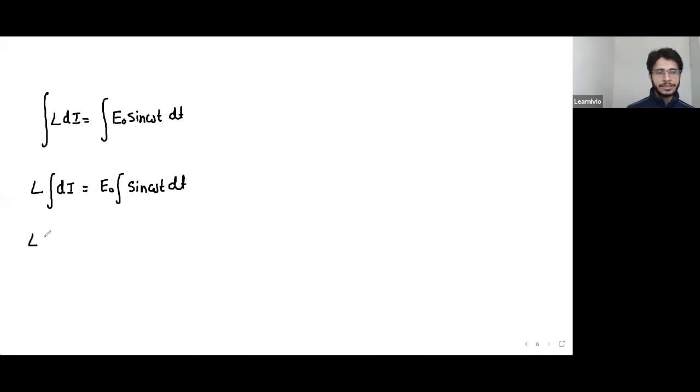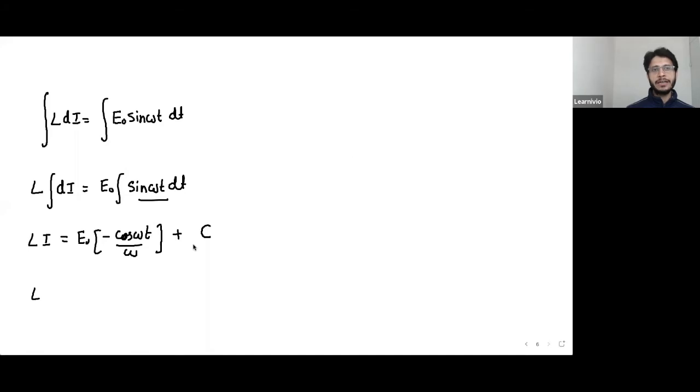If I integrate di, the integration of di is I. If I integrate this sine omega t, this we did yesterday, the integral of sine omega t is minus cos omega t by omega, plus a constant.